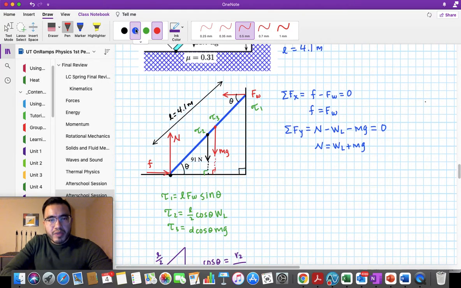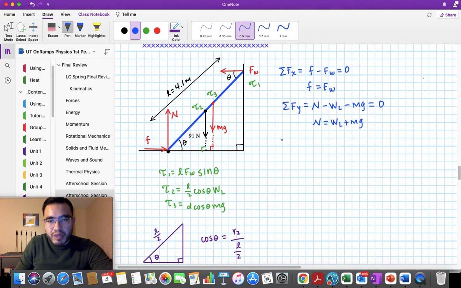And as we continue with the sum of the torques, this one would be negative, so we're going to make this one negative and these two positive. Now, you know what? For simplicity, I'm going to make this one positive and these two negative. You'll see why.